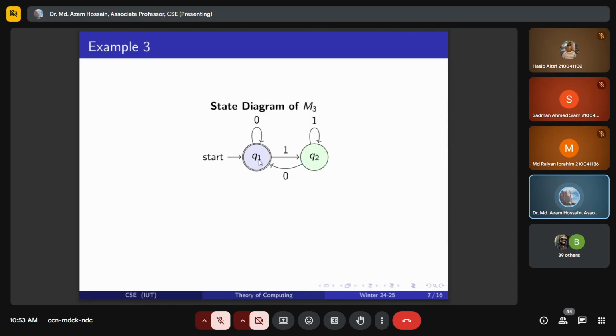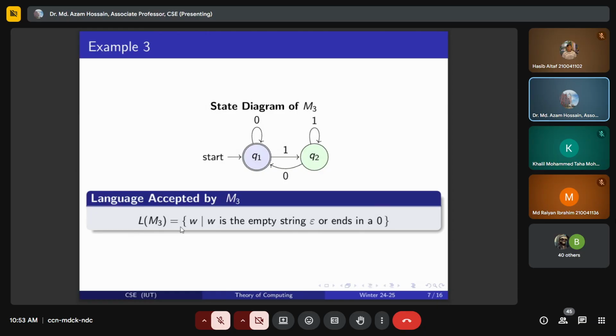Do you remember the empty string or zero-length string? So this machine also accepts the empty string. So W is an empty string or ends with zero. In other words, I can say W is an empty string or any binary number divisible by 2. Any questions so far?